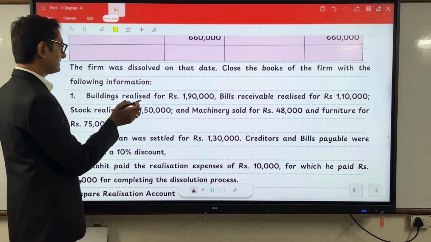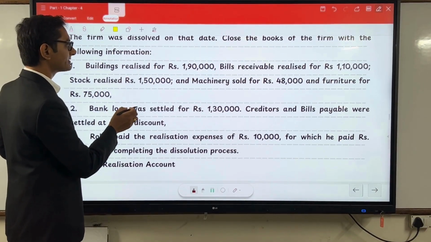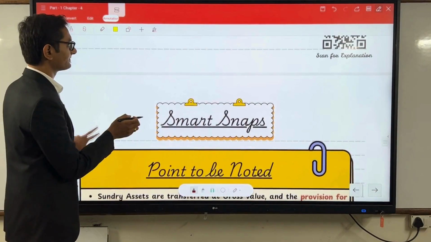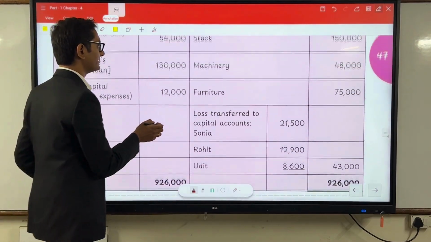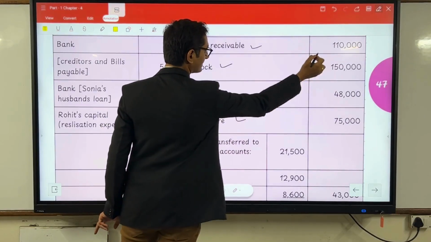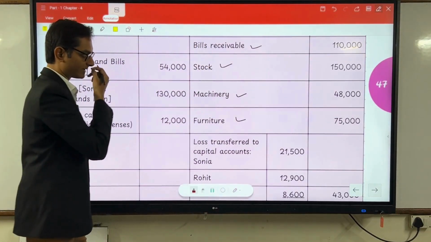Then stock realized 150, machine 48 and furniture 75. Stock, machinery and furniture at the respective value जो भी realize हो रहा है, right.